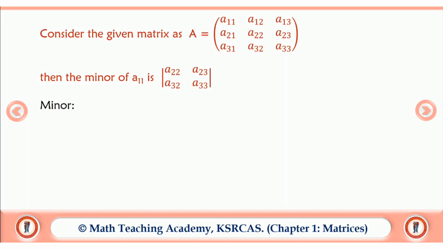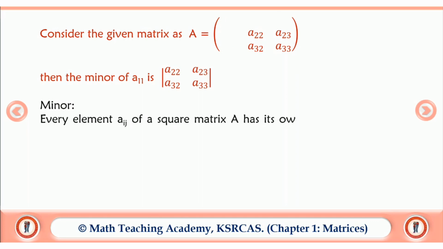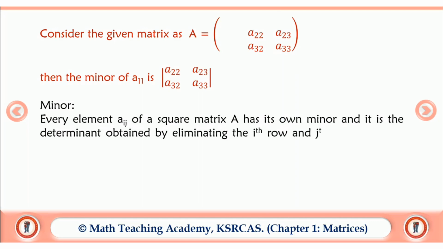How is the minor of A11 obtained? The minor of A11 is obtained by eliminating the first row and the first column. By minor we mean every element Aij of a square matrix A has its own minor, and it is the determinant obtained by eliminating the ith row and the jth column of the matrix, and is denoted by Mij.